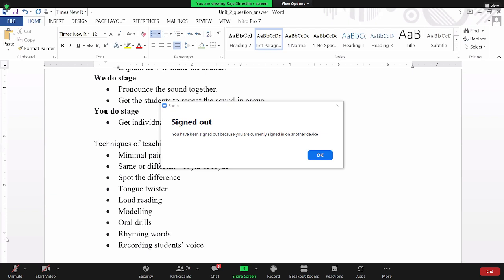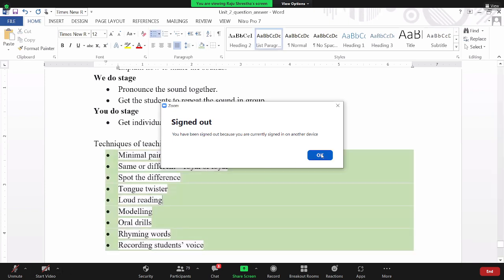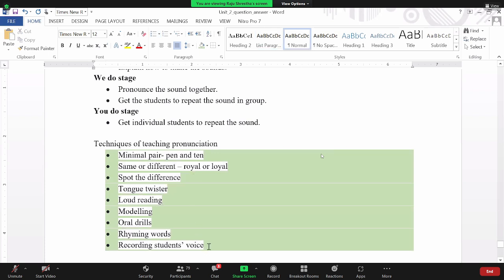So in this way also, they can improve pronunciation. If we have a language lab, visual representation also we can have. So in this way, these are different techniques of teaching pronunciation to lower secondary students.